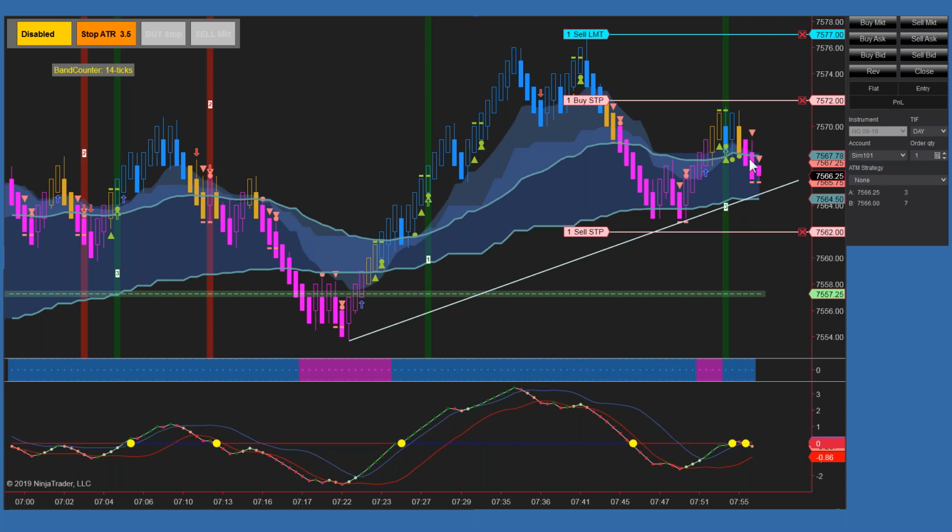It's not printing as a number 2 signal because the retest is too far removed from the high. Yeah, the lack of commitment here is impressive.